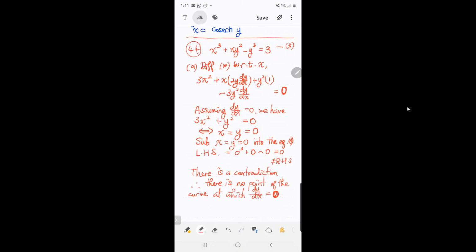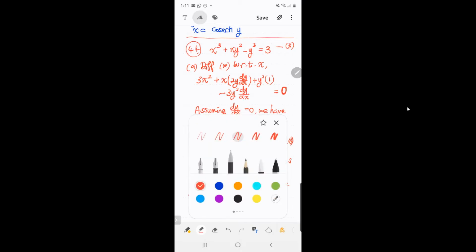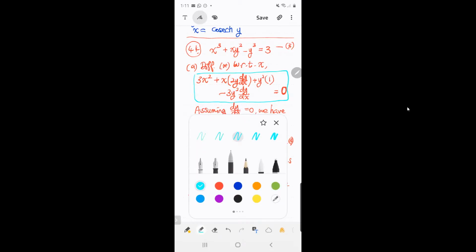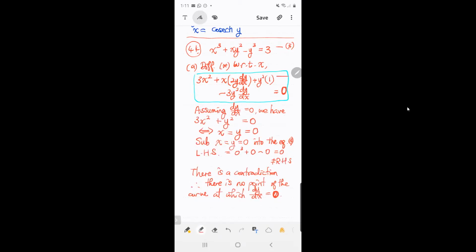Then after that, I'm going to use this cyan box to solve for part B. Let's say I call this equation hash. For part B, find the values of dy dx and d2y dx2 at the point (1, -1).